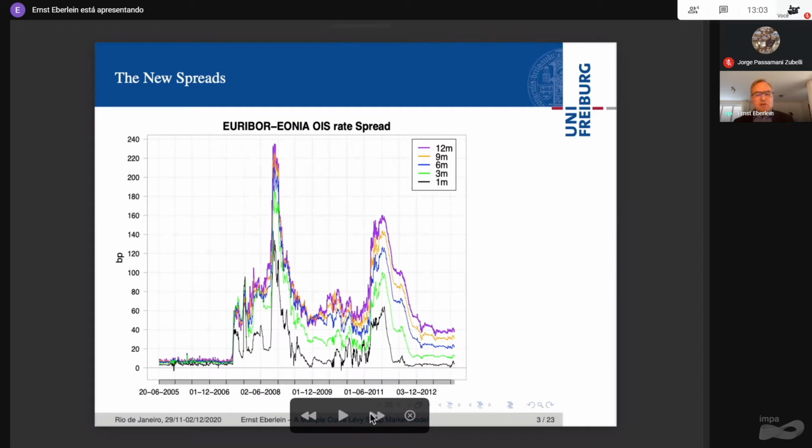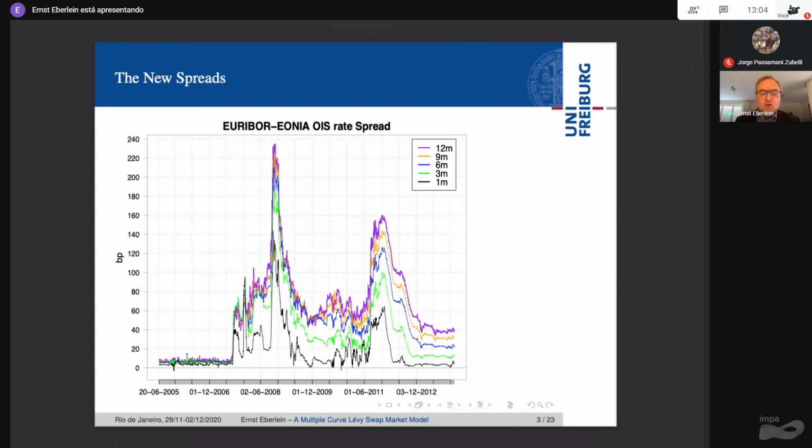Let me show you this famous picture, which marks the beginning of the financial crisis in August 2007. The market realized at that time that the interbank market is no longer risk-free, that there is risk in this market, and as a consequence, these spreads showed up and they never disappeared.